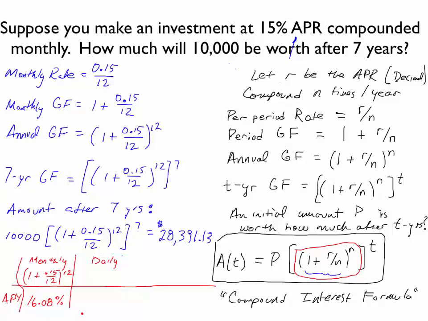Is that what we got? Okay, so for this 15% APR compounded monthly, truly results in a percent increase of 16.08% over the year. So now I want you to find the daily growth factor, and then the annual growth factor for daily compounding, and then the APY. Okay, so for daily, what would the daily growth factor be? What would the annual growth factor be? And what would the APY be?